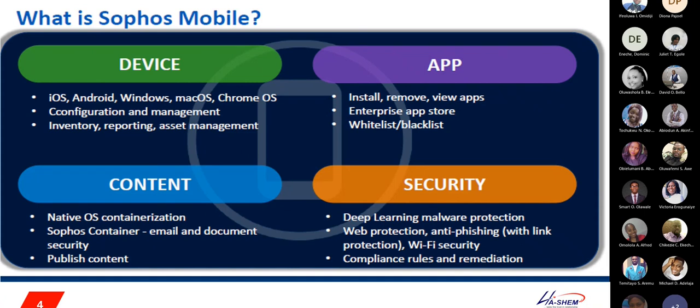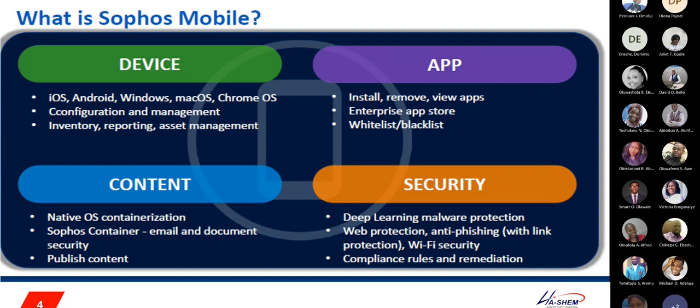What is Sophos Mobile? Firstly, let's start by looking at what Sophos Mobile is. Sophos Mobile provides administrators with the tool to manage and also secure corporate-owned and personal Windows 10 devices, macOS, and mobile endpoints, all in just one centralized system. So you have the ability to manage protected devices using policies that can be configured.